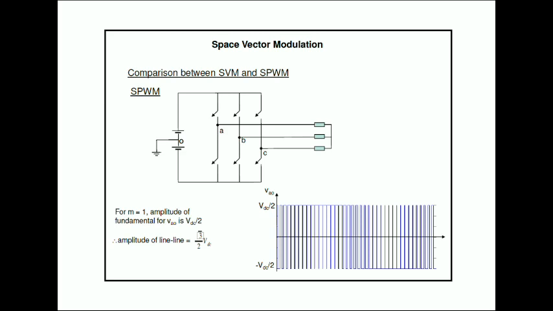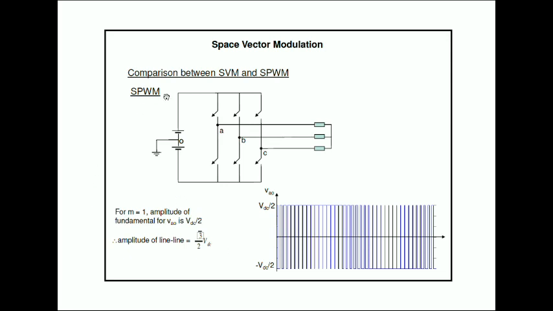So for M1, if your modulating index is M1, then amplitude of fundamental VA naught is VDC by 2. So again, the amplitude of line to line is root 3 by 2 VDC.